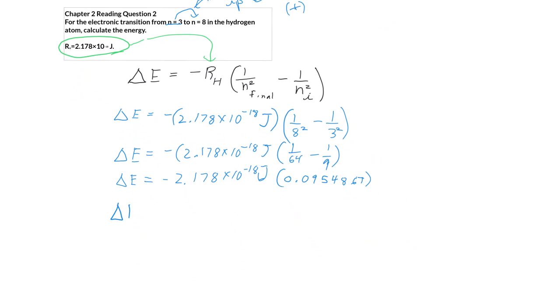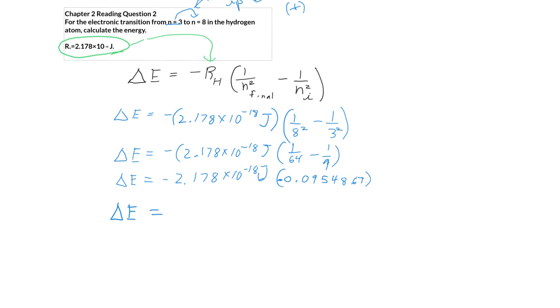That's going to give me delta E equals, oops, sorry. Yeah, that's a negative, by the way.